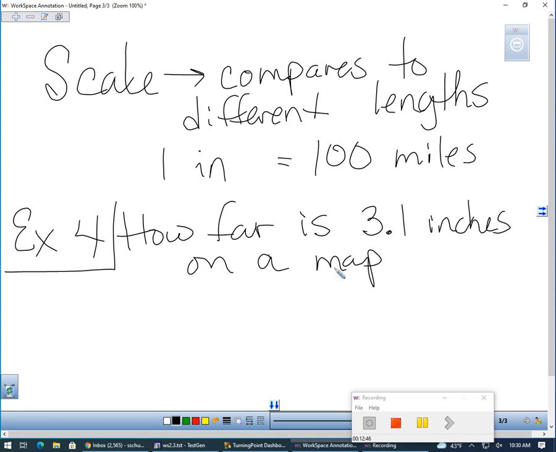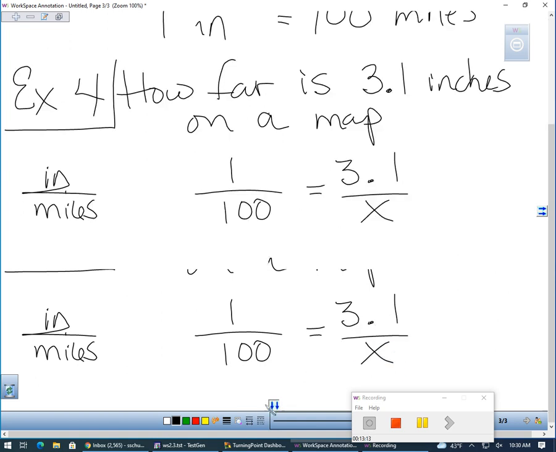All right, so I really want to know how many miles that's representing, right? And granted, I gave you an easy one up here again, but I want to set it up. We're going to put our inches over our miles, and our scale is going to be our first proportion. So we're going to start by 1 over 100 equals 3.1 over x.